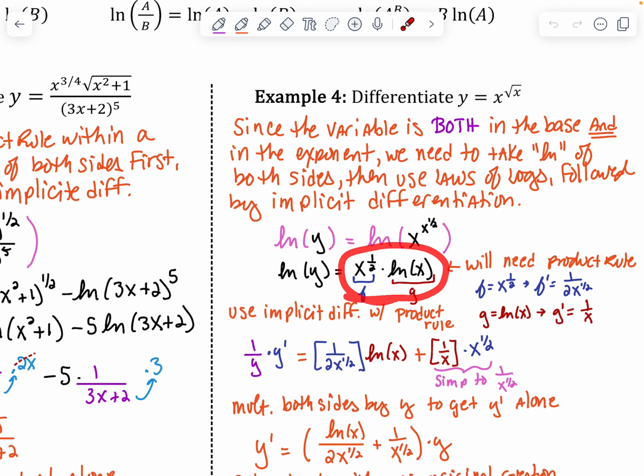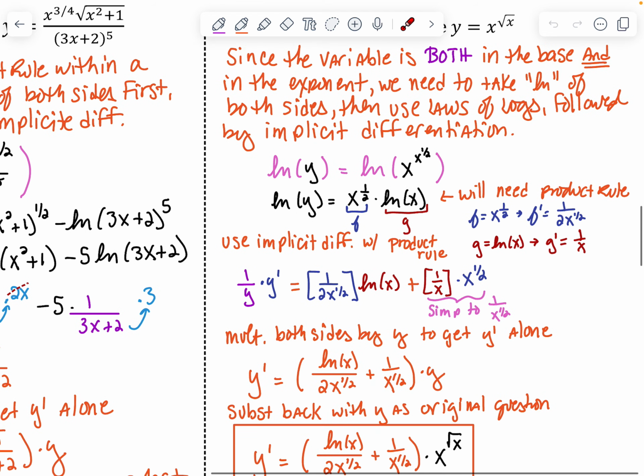When I take the derivative of the right side, I start off with f prime, which we already found, times g, which was asked in the question, plus, because of the product rule, my g prime times my f.